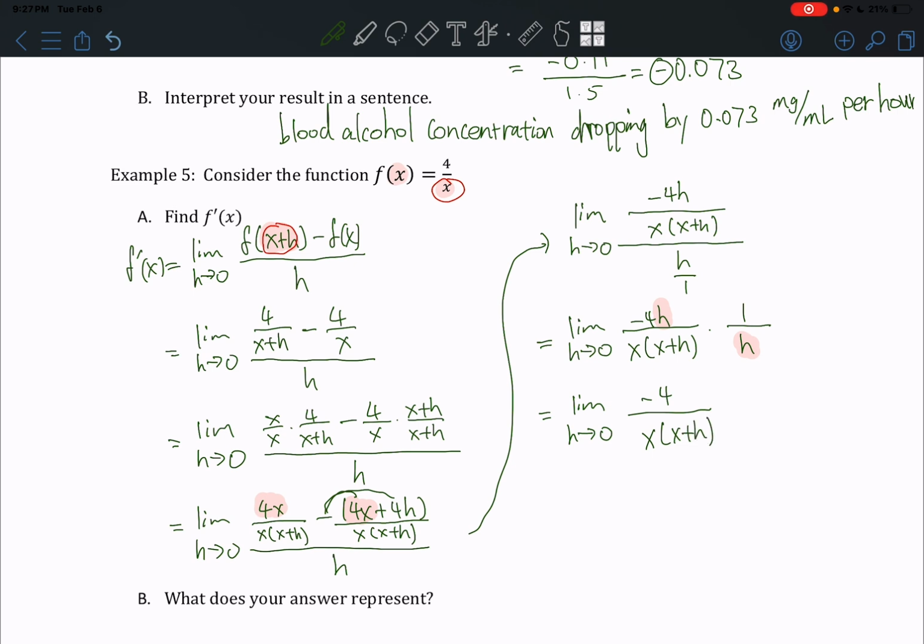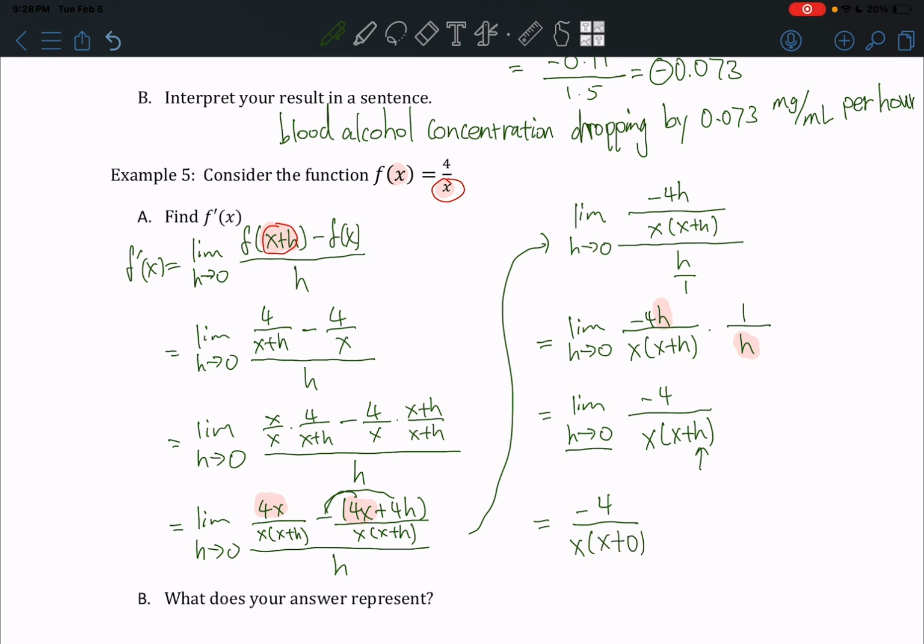And now, after the cancellation of h, I know I can plug in h, because if I plug in h equals 0 into here, I'm actually going to get a valid expression. Actually, I'm already evaluating the limit at this step. I can finally stop writing this, but I got negative 4 over x times x plus 0.